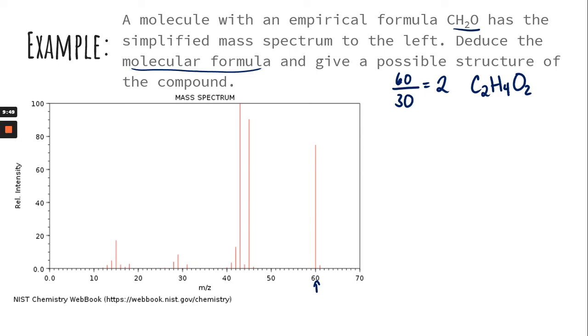Now we just have to try and figure out how all of those atoms are bonded together. So if we look at the big lines here, this line right here, the difference in the masses, 60 minus 45, would tell us we lost a mass of 15. And so we lost CH3. So right away we know that we have a CH3 group.